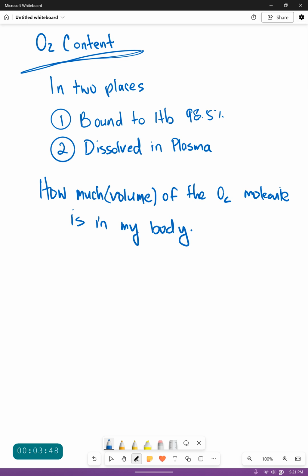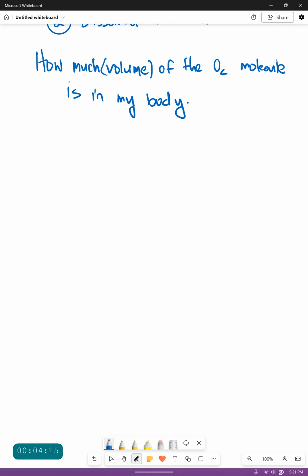However much is in there for me to function day to day is how much I need to feel normal. If I'm not feeling normal, there could be a more internal problem, not necessarily with the lungs or the heart, but with having enough red blood cells to carry the oxygen. But we don't use red blood cells.